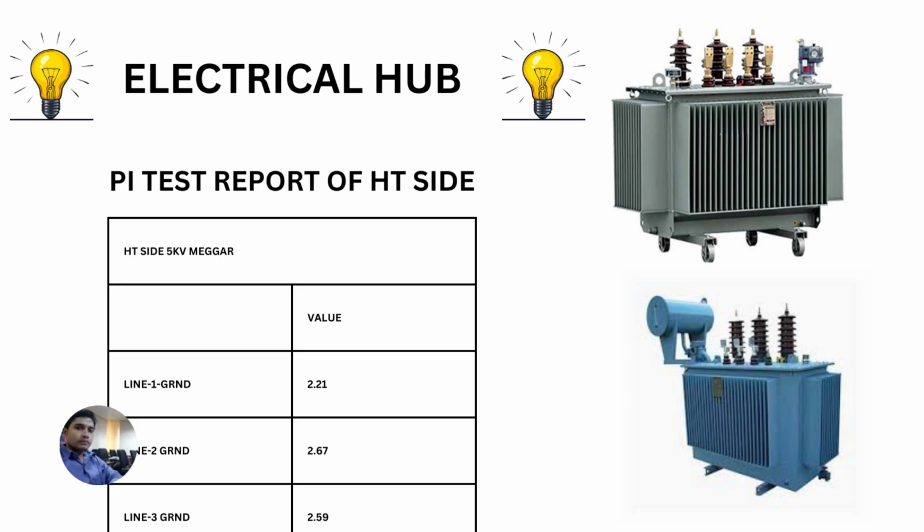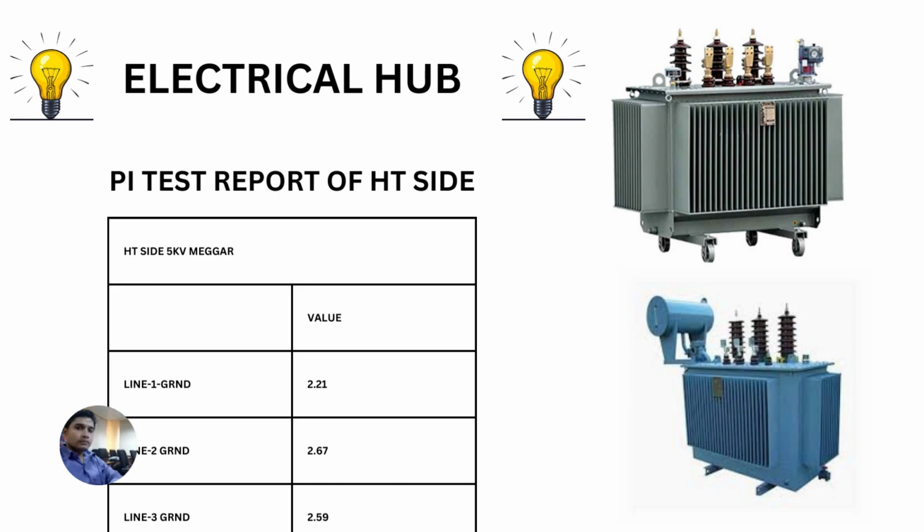So then you can get the value from line 1 to ground up to 1.5. That is also acceptable. Here the line 1 to ground is 2.21, line 2 to ground is 2.67 and so on.